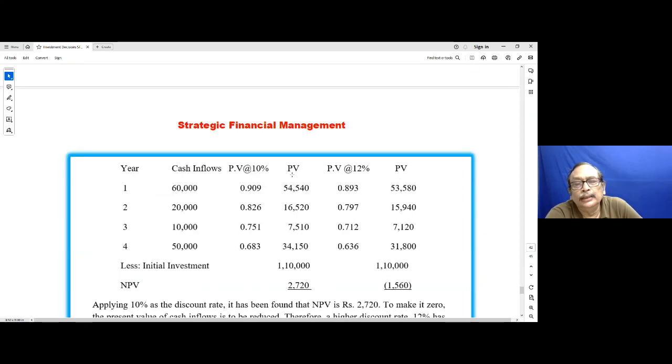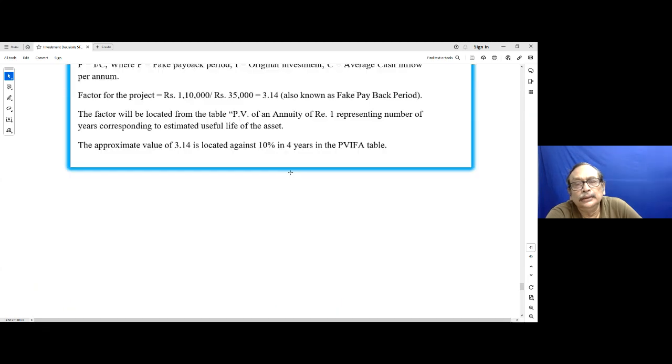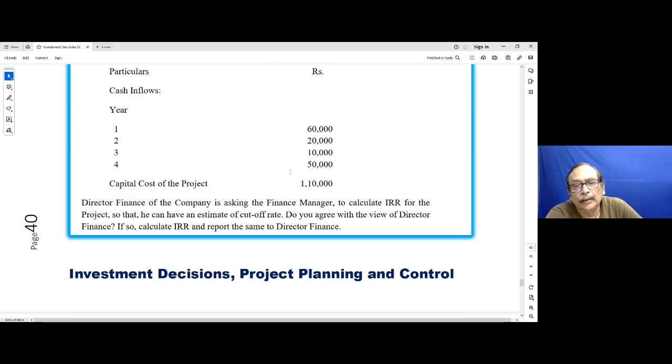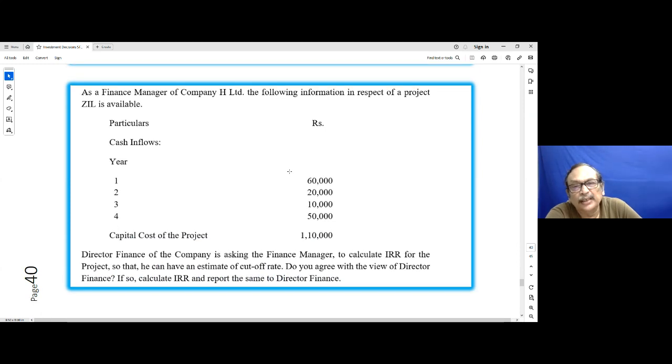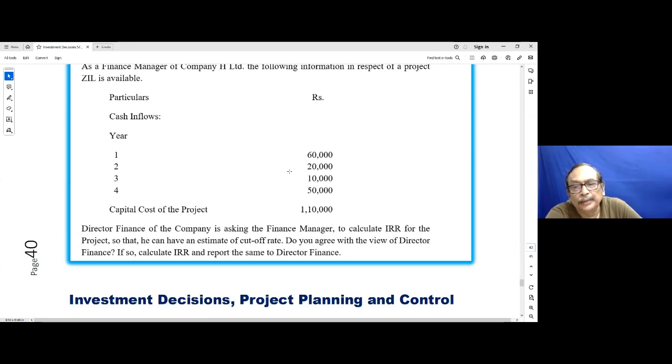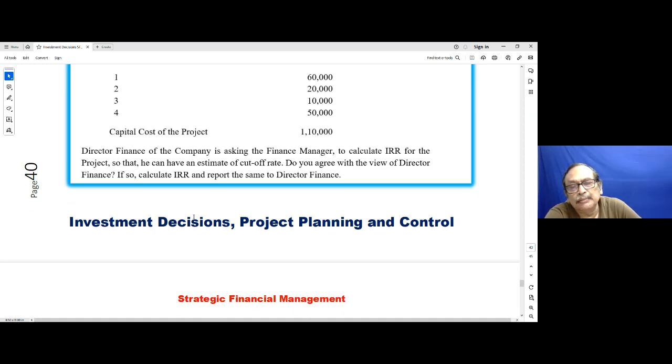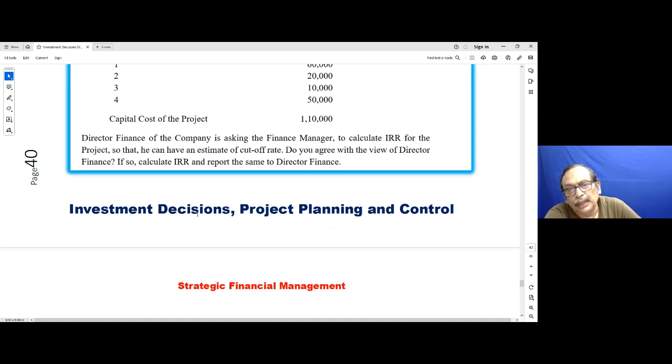Since the desired rate of return or the cut-off rate or the discounting rate, the Director of Finance of the company is asking the finance manager to calculate IRR for the project so that he can have an estimate of the cut-off rate. Do you agree with the view of Director of Finance? If so, calculate IRR and report the same to Director of Finance.